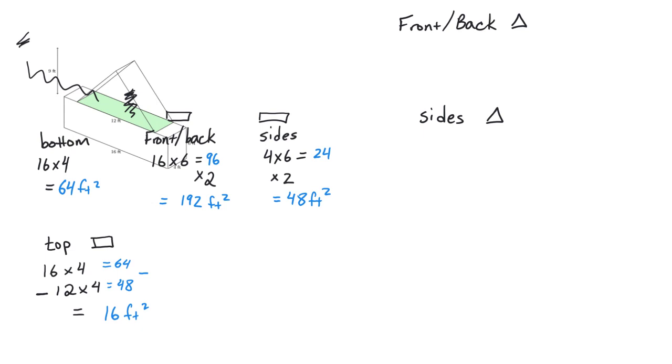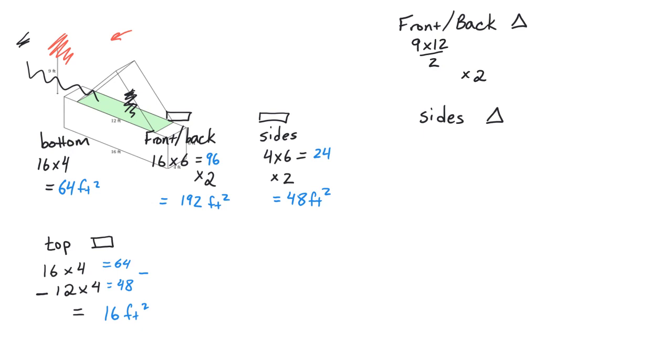So I need to do my base times height divided by 2. That is going to give me the area of the front. But again, I need to multiply this by 2 because I have a front and a back. I've got 2 triangles.